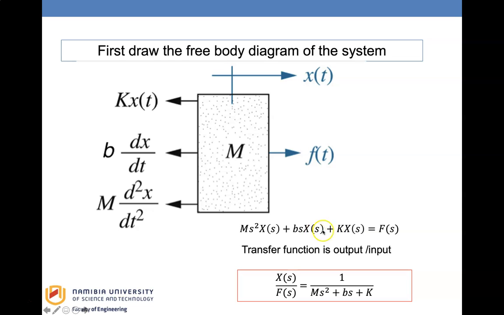Then from this equation, the transfer function, as we know, is X(s) over F(s). If you take X as the subject, you have X(s)/F(s) equals 1 over ms² plus bs plus k. So this is your transfer function for this system.